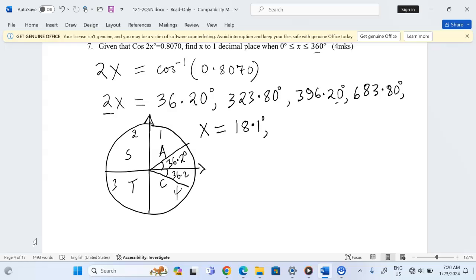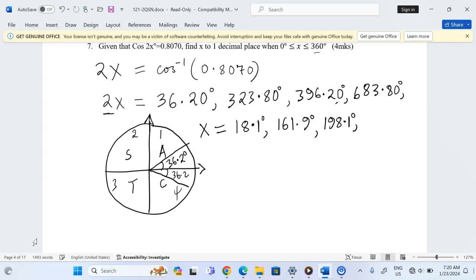This becomes 161.9 to one decimal place. 396.2 out of 2 becomes 198.1 degrees.